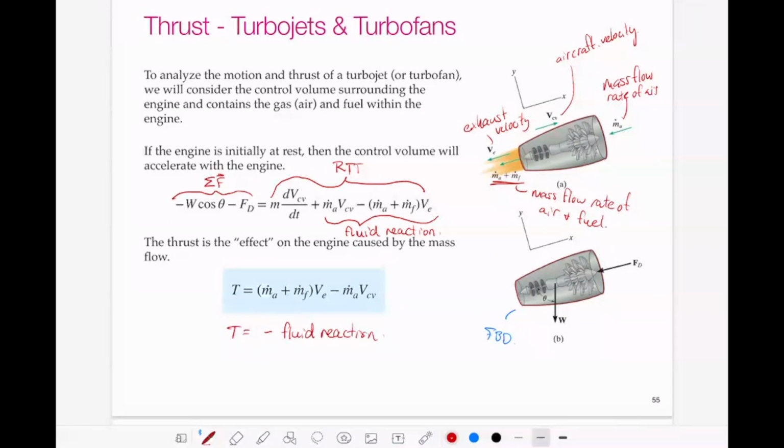So we see that we now have our terms with the opposite sign. So our mass flow rate of our air-fuel mixture is now positive times VE, and minus the air mass flow rate times the velocity of our control volume. So this is the equation for the thrust.